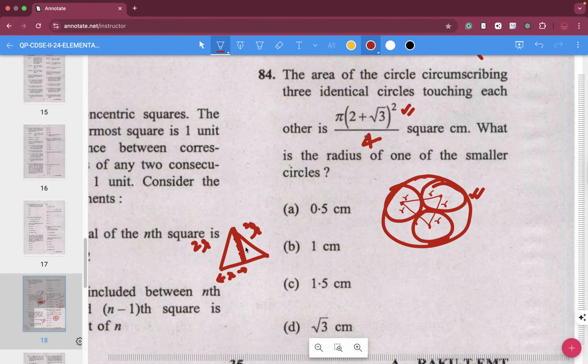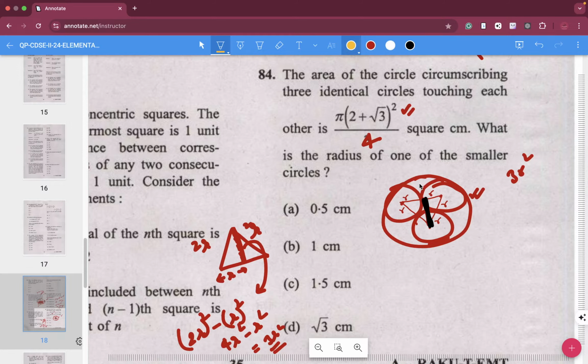The height in that case will be the hypotenuse squared minus the base squared, which is 4r squared minus r squared, which is 3r squared. This length in black over here is the square root of 3r squared. And now this length will be equivalent to r, folks.